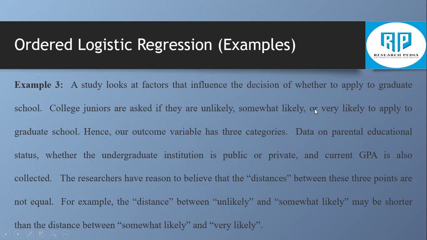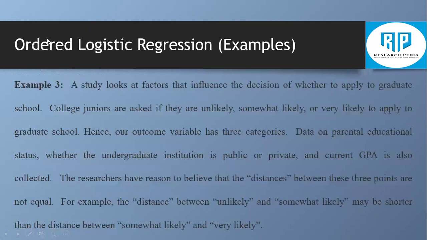So this is your dependent variable: unlikely, somewhat likely, or very likely. These are three scales. Unlikely is represented by 0, somewhat likely by 1, and very likely by 2. So there is some order, some rank, attached to your dependent variable.